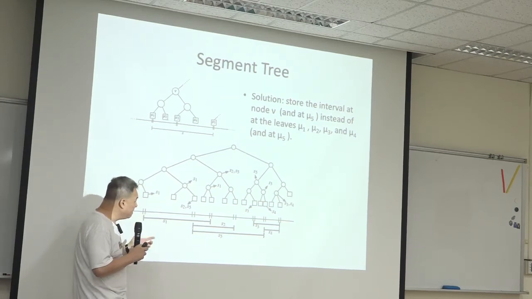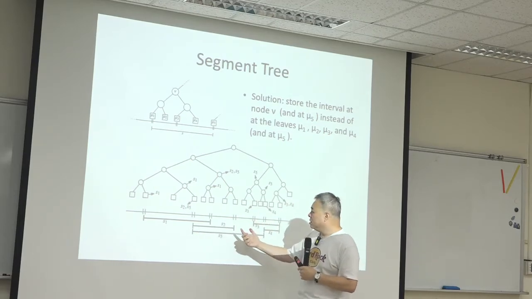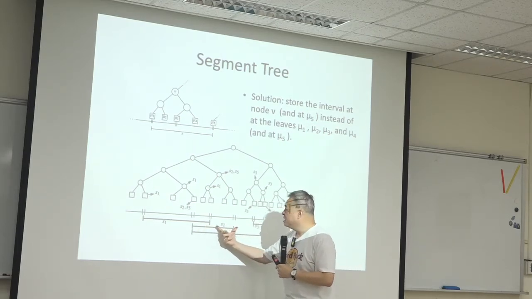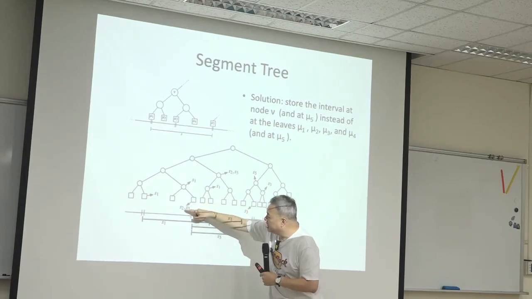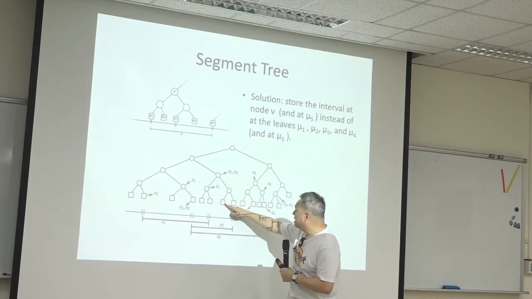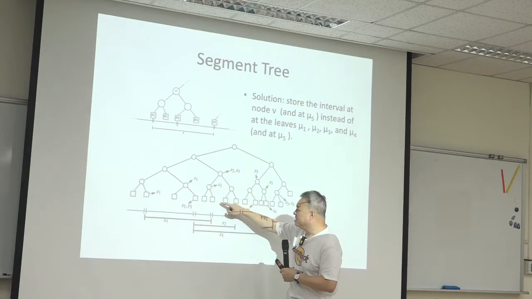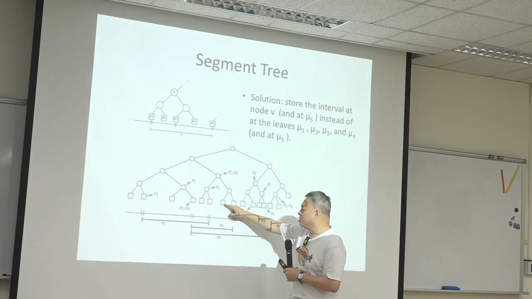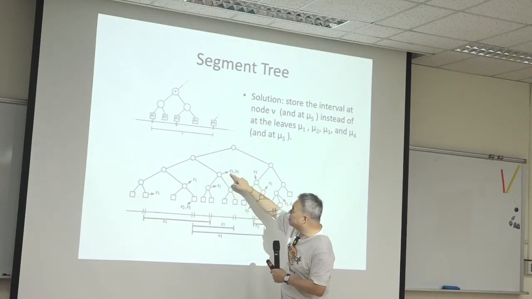The same thing can be said for S2. S2 is here, so you can see that this endpoint has S2, and then this one and this one, all these four leaf nodes, are associated with part of S2. So S2 is stored here.